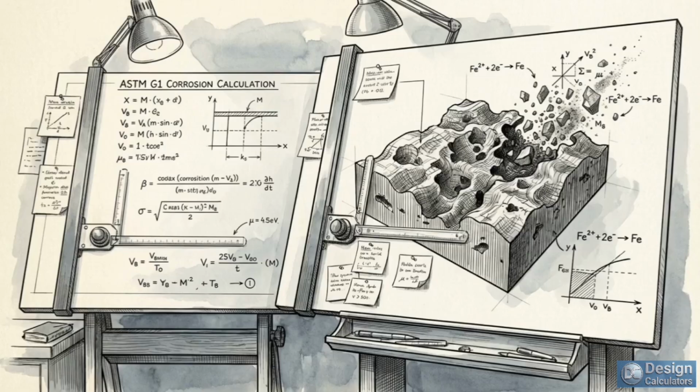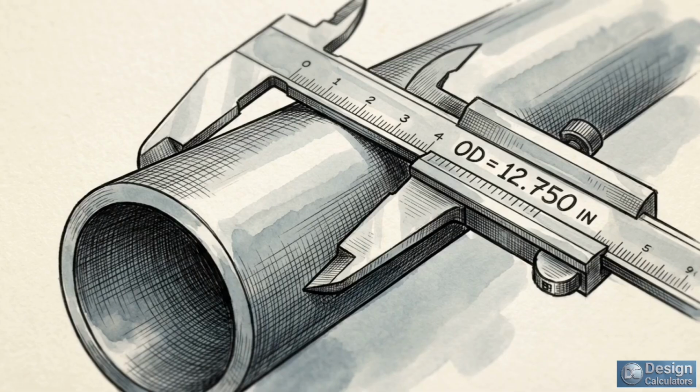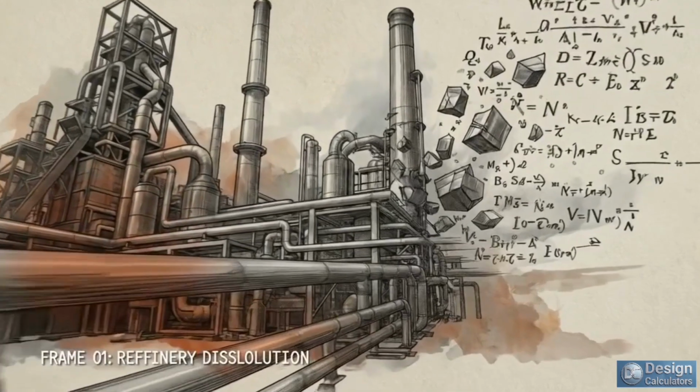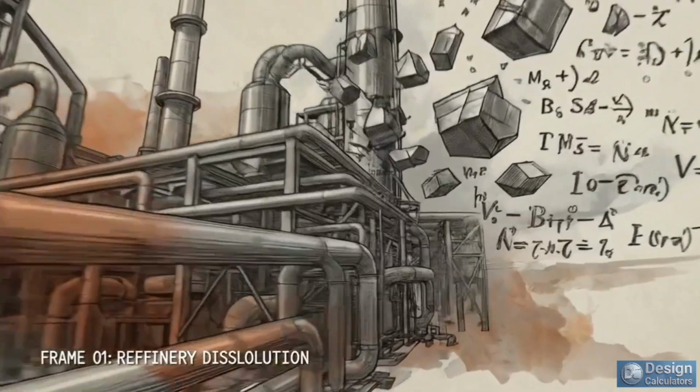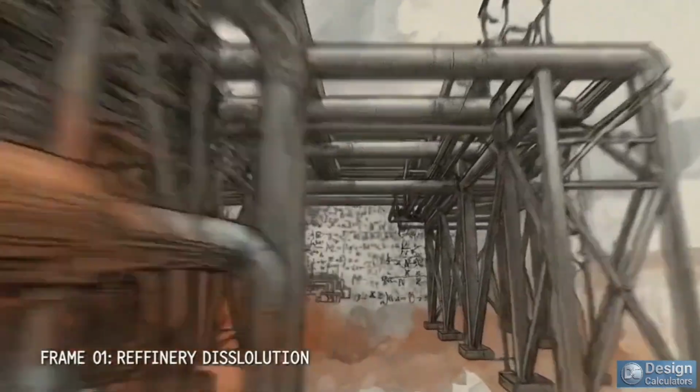By combining the perfect calculations of the weight loss method with multipliers that represent real-world pitting, engineers determine exactly how thick that sacrificial layer must be. Engineers rely on the industrial corrosion calculator as their primary tool to buy time against the invisible forces actively tearing down the modern world.